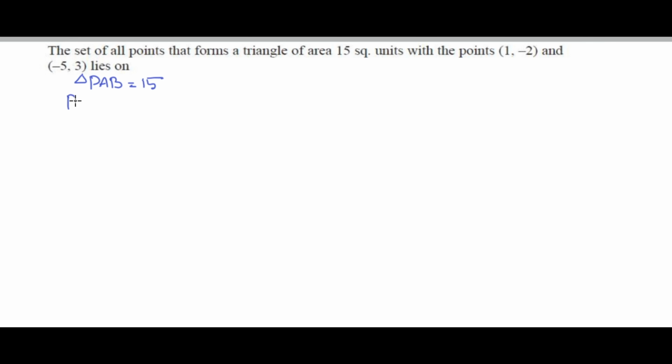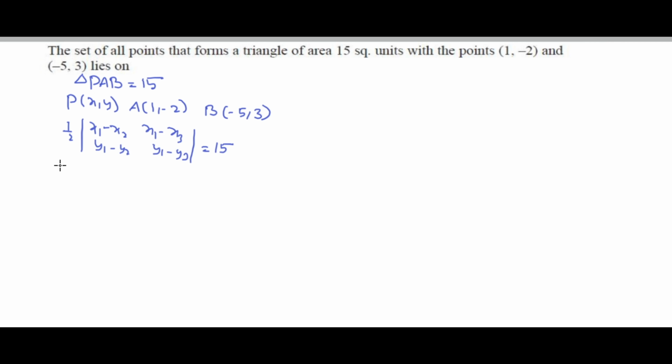Now we take point P(x, y), point A is given as 1 comma minus 2 and point B is minus 5 comma 3. Area of the triangle is delta, half into modulus of x1 minus x2, x1 minus x3, y1 minus y2, y1 minus y3, is equal to 15.